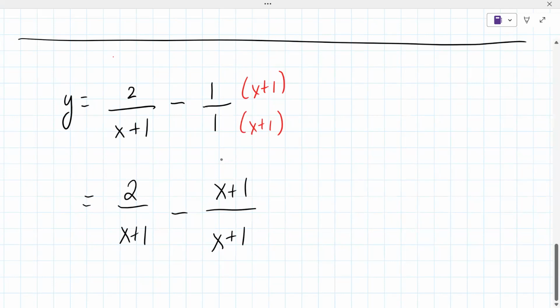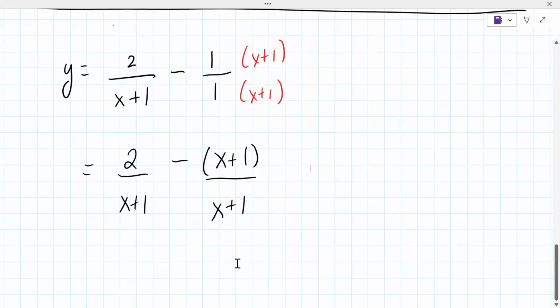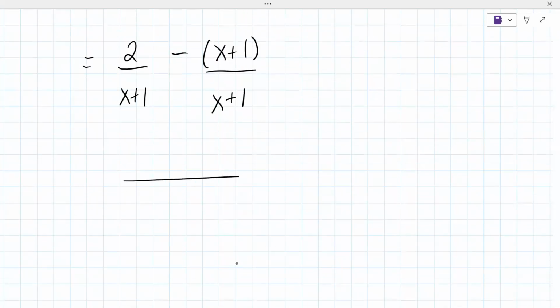But it's really in parentheses, and you're really attributing this negative to both. So it looks like this. It's 2 minus parentheses x plus 1. You're distributing that negative to both.